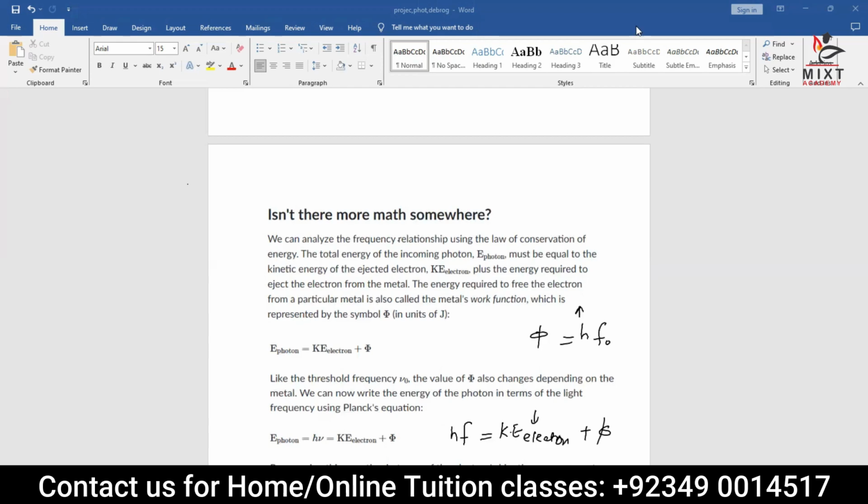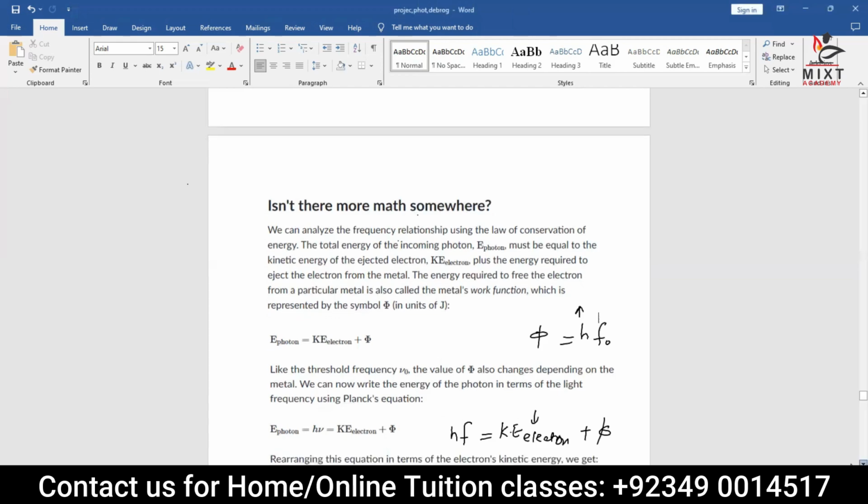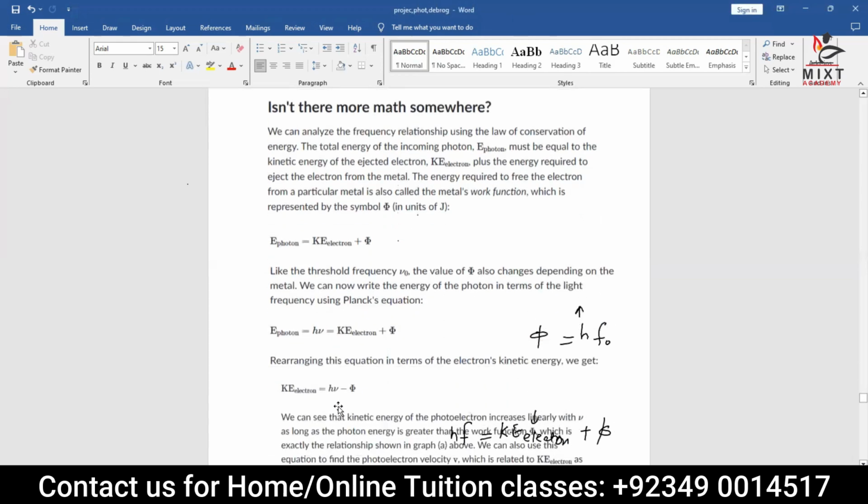Otherwise, you will not have any kinetic energy of the electrons. So rearrange the equation, you will get this. Kinetic energy is equal to H frequency minus the work function. This phi means the work function.